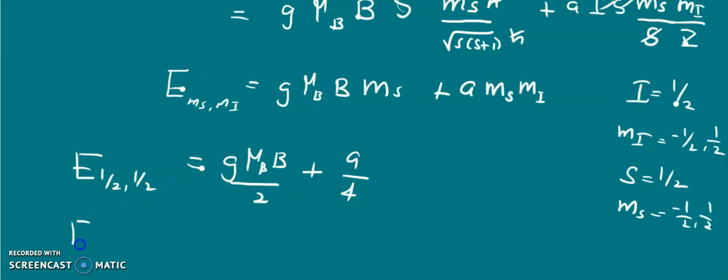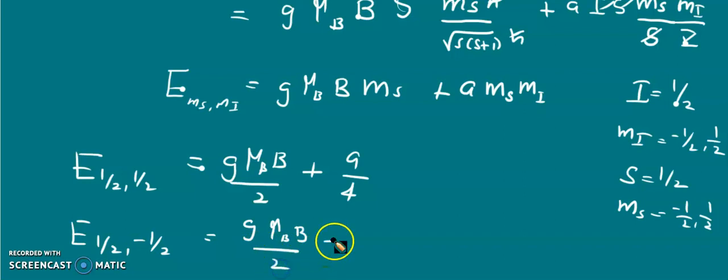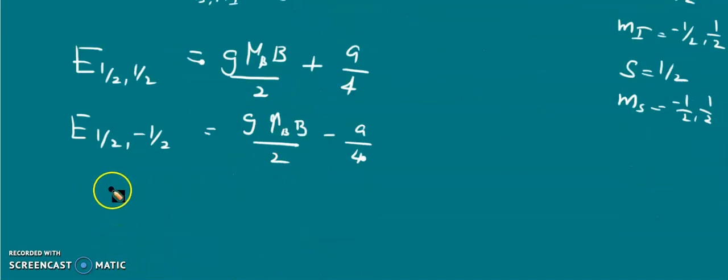So when ms is half and mi is minus half, we get E half minus half. So that is again g mu B by 2 minus A by 4. So the next combination is ms minus half and mi plus half, E minus half plus half.